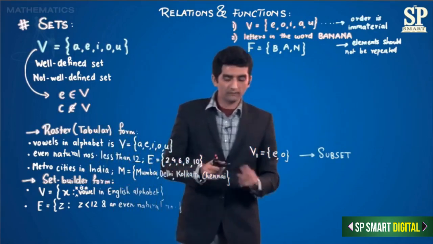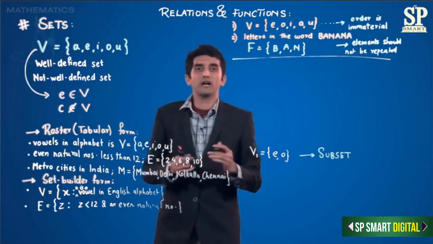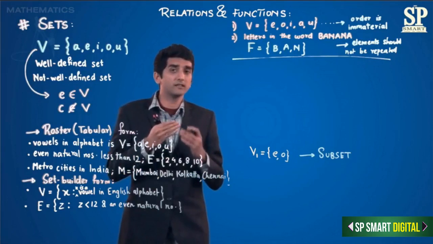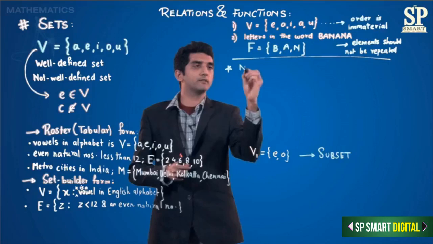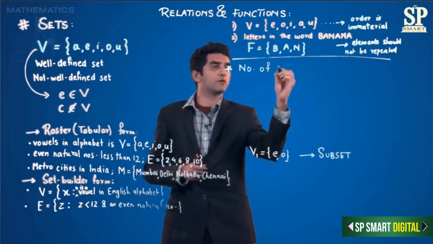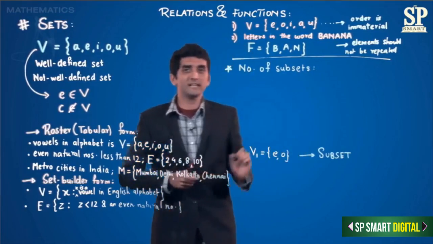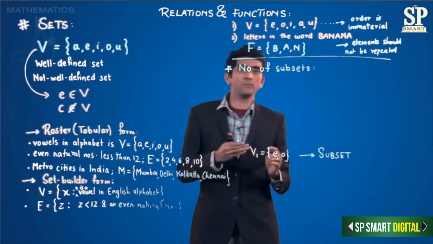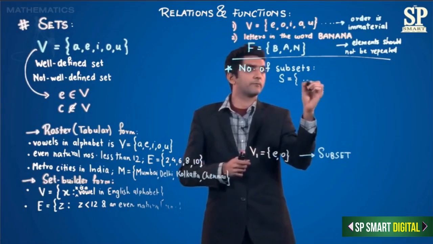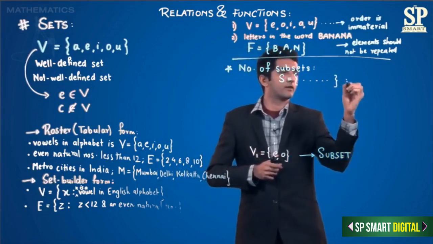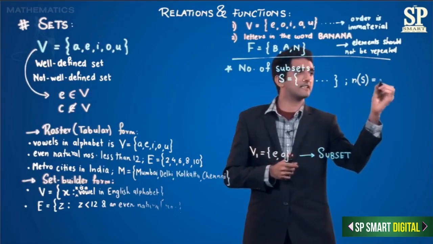Now on this note, after understanding this, let's understand how we calculate the number of subsets for a particular set. A very important thing, number of subsets. Now after understanding what a subset is, for a particular set, let's say we have a set S and the number of elements in this set S is equal to n.